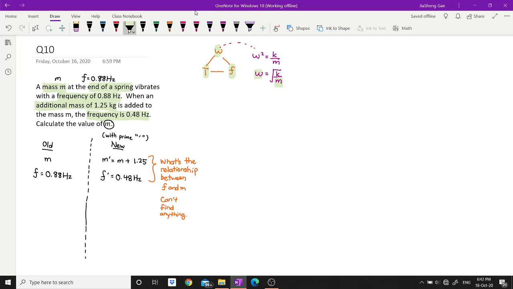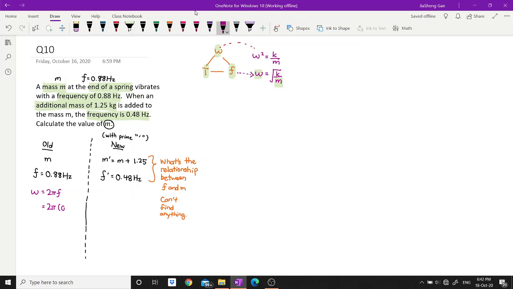So you probably need to find how to go from frequency to omega. I believe you know the equation is omega equals 2 pi f. Relatively direct formula.